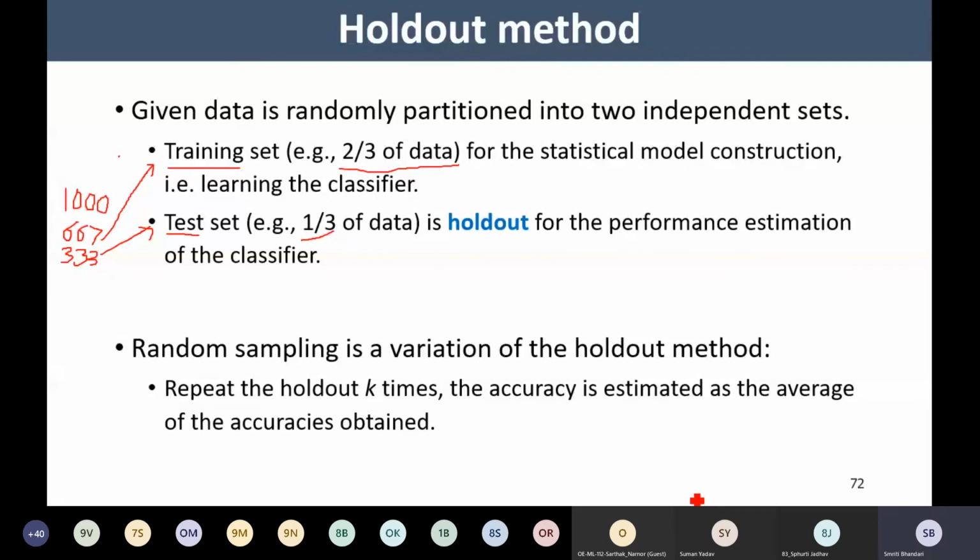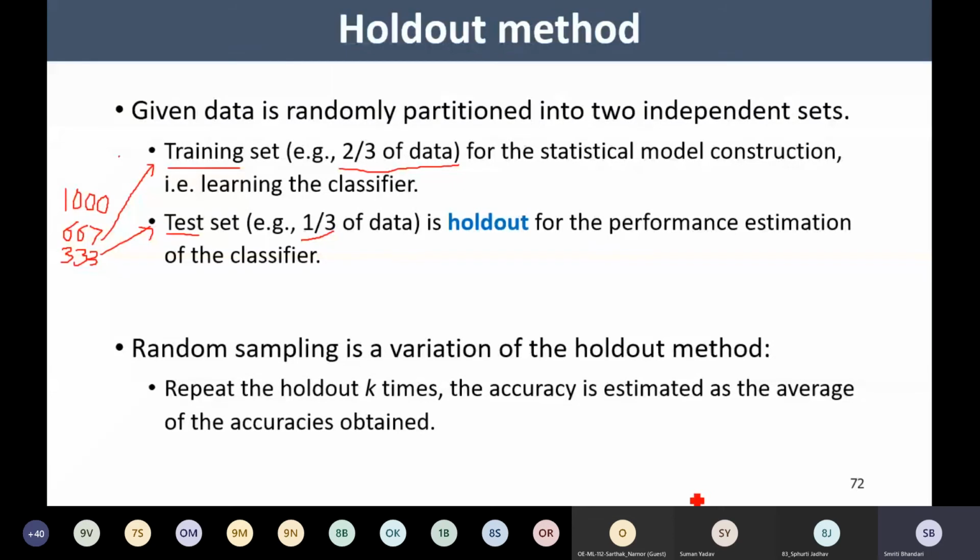If by chance we do not have a good partitioning, and the samples in the training set and test set are not representative of all the classes present, then the model and the performance estimation may mislead the results. So these are the two drawbacks of the holdout method.